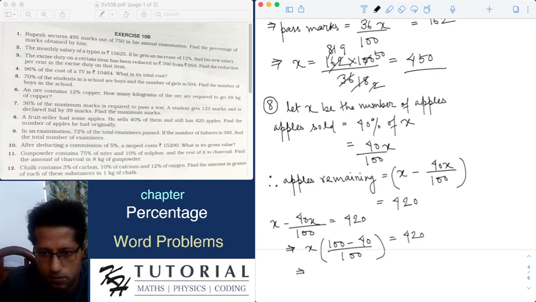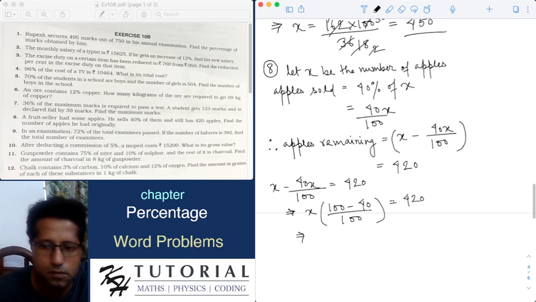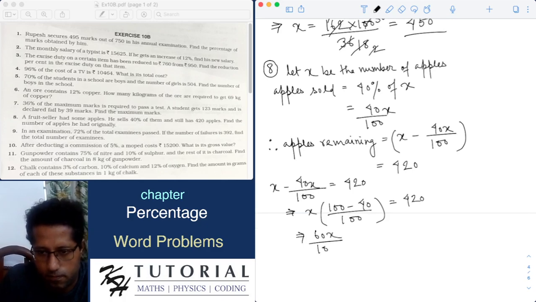This implies 60x by 100 equals 420. This implies x equals 420 multiplied by 100 divided by 60.